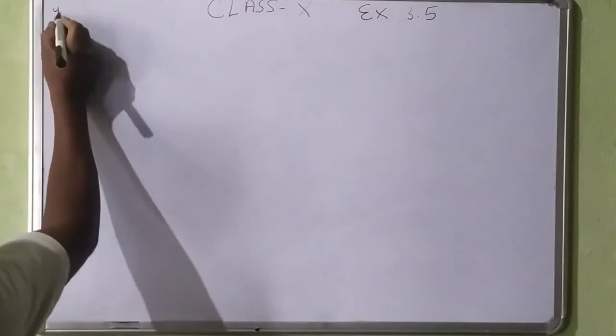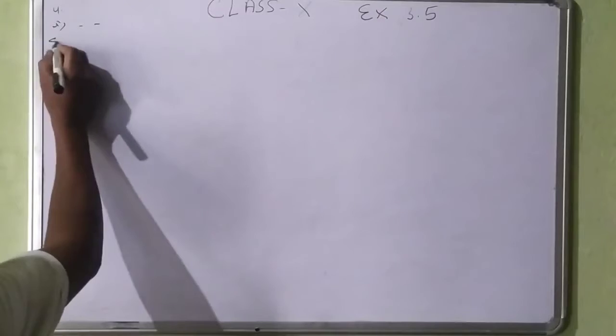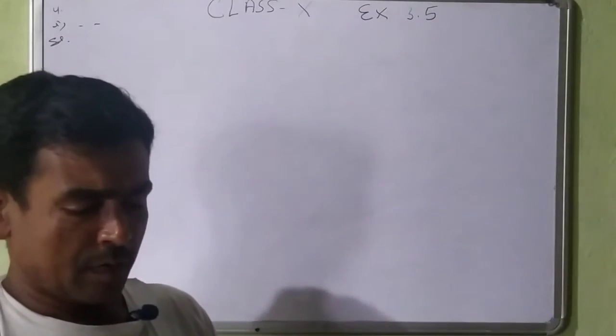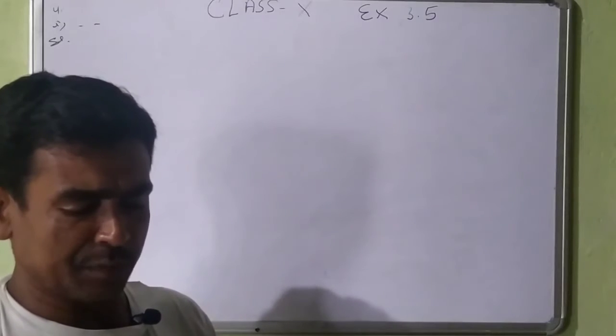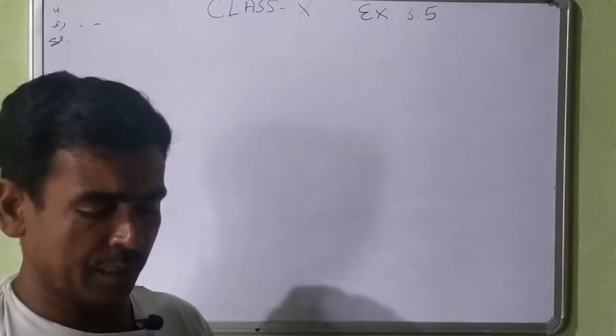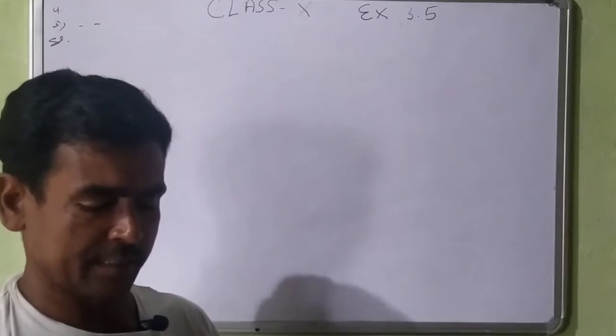Fourth, first part. Listen to the question. A part of the monthly hostel charge is fixed and the remaining depends on the number of days one has taken food in the mess.